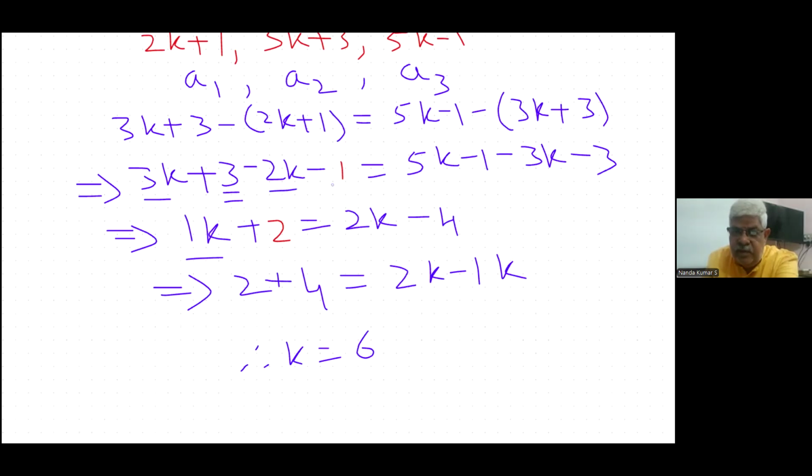Please remember, like terms I am making group. 5k minus 3k gives you 2k, and then minus 1 minus 3 gives you minus 4. Now again you make the group of like terms and shift to one side. 2k minus 1k I write on one side, and 2 minus 4 you shift to left, it becomes plus 4. Therefore your k value will be equal to 6. So simple numerical, my dear children.